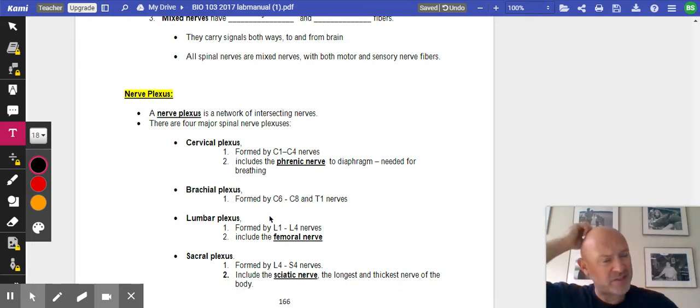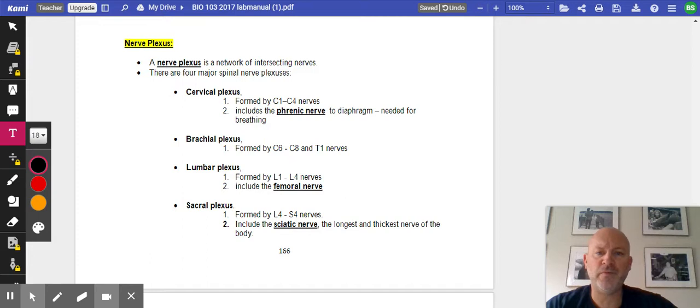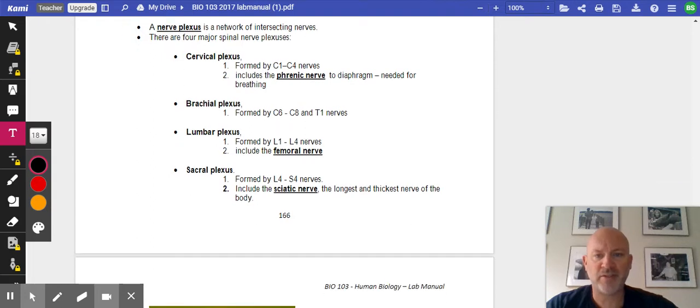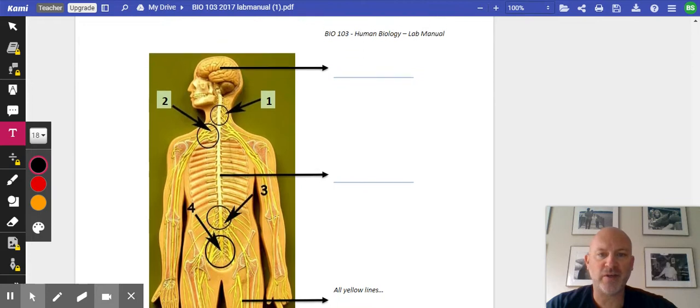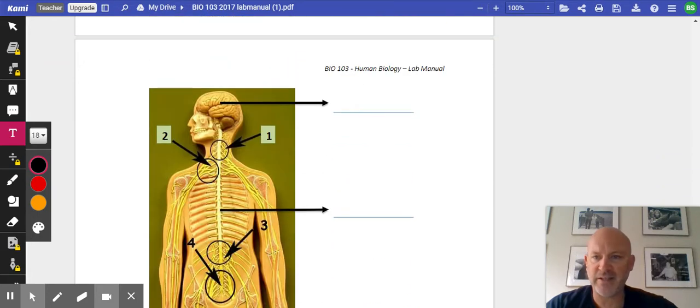We could organize these nerves into major networks of where they intersect with each other, and then we could kind of categorize these into four major categories. We have a cervical plexus, the brachial plexus, lumbar plexus, and the sacral plexus. So we could kind of identify these on the model here.